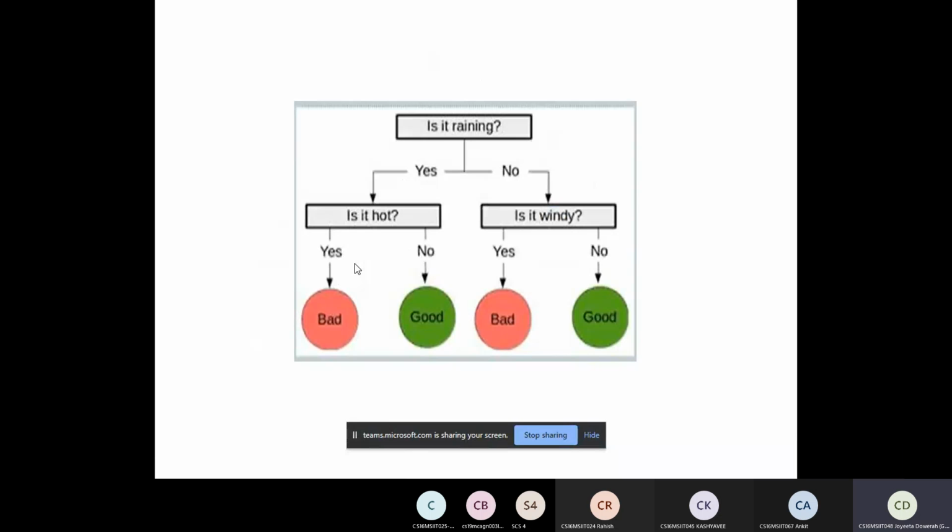If it's hot, then it's bad, and if it's not hot, then it's good. Similarly, if it's not raining, then there is a question like, is it windy? It can be yes or no. If it's windy, then it's bad weather, and if it's not windy, then it will be good weather. These bad and good outcomes are the terminals, and these terminals cannot be used to make questions since they are the leaf nodes.